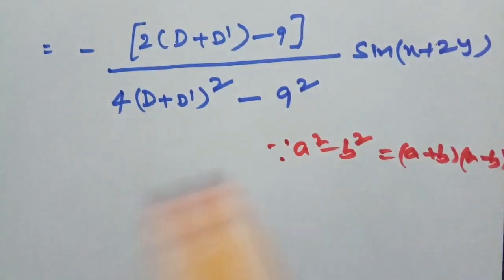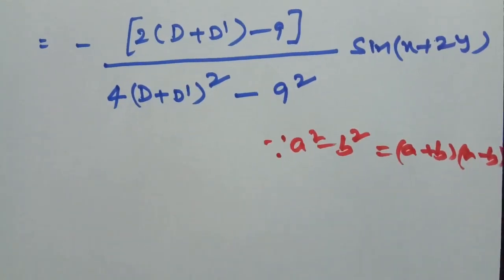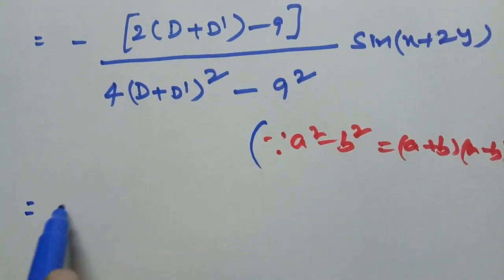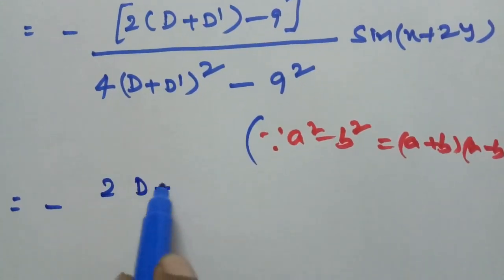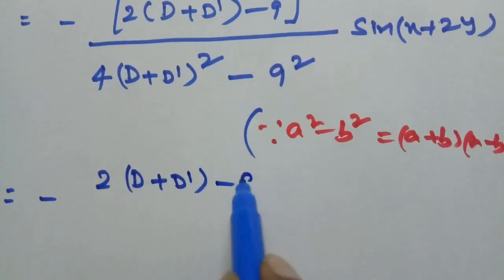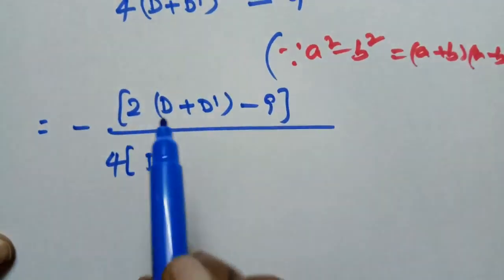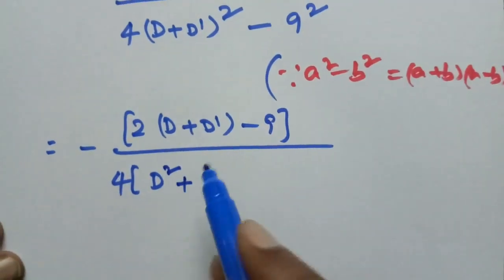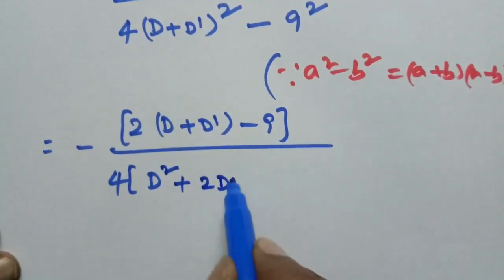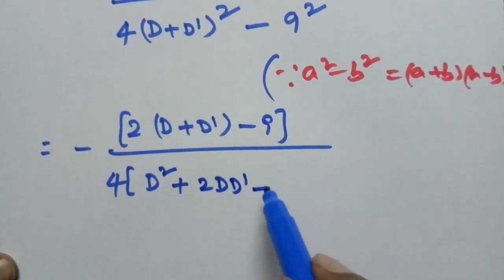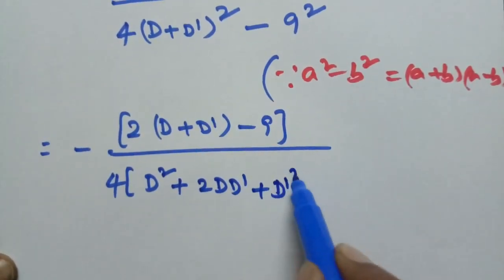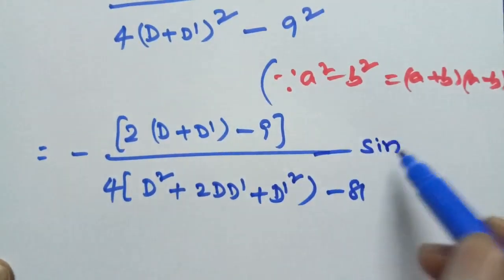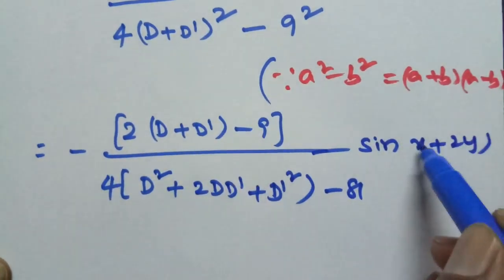Now here the denominator again can be written as −2 into (D + D') − 9, denominator 4 into (a + b) whole square, D² + 2DD' + D'² − 81 into sin(x + 2y).